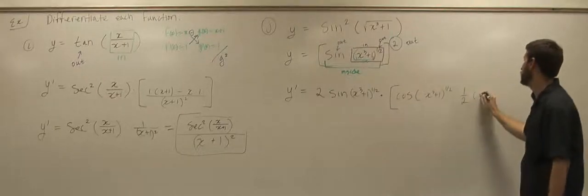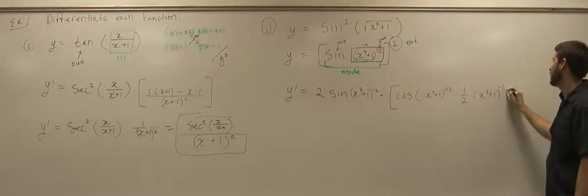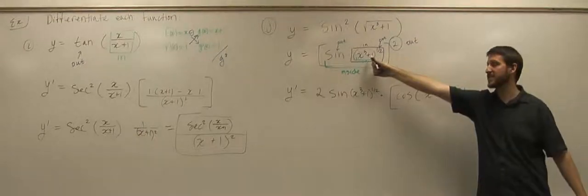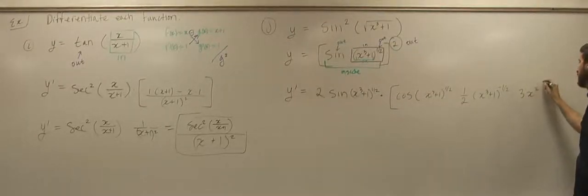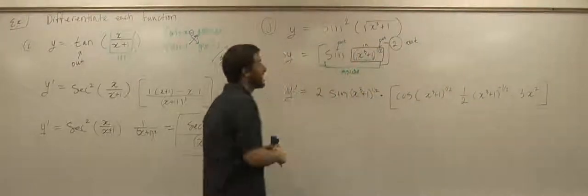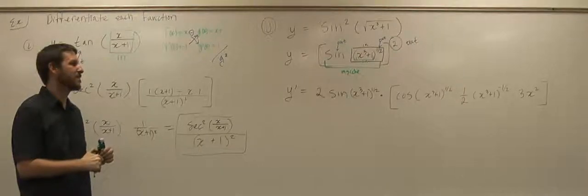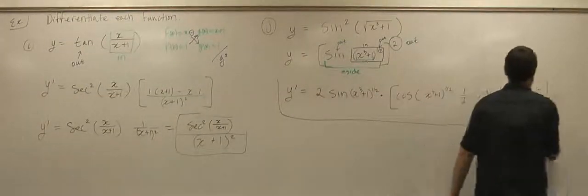Then write the x cubed plus 1 to the negative 1/2, times the derivative of the inside, which is finally simple enough that I can do the derivative, 3x squared. Just kidding, that's it for now. Those brackets don't really mean anything.